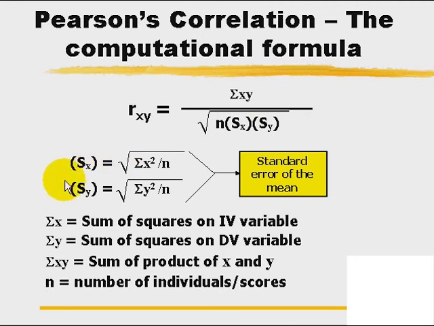So in other words, it's an equivalent way of looking at the standard error of the mean. So you've got the sum of these products divided by, basically, the standard error of the mean. And that's why they call it not only correlation, but Pearson's product moment correlation.